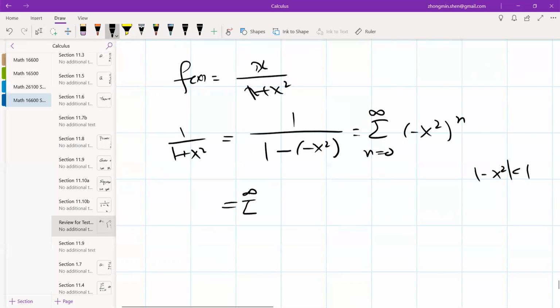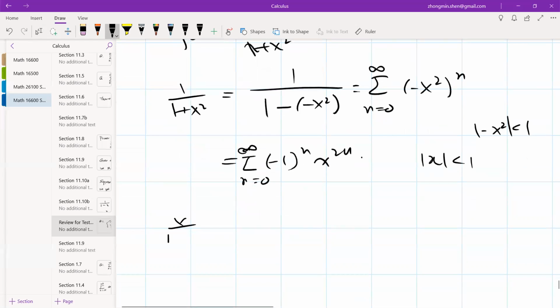So I got that for absolute value of x less than 1. All right, then in order to get the power series of x over 1 plus x squared, I just need to multiply each term by x.